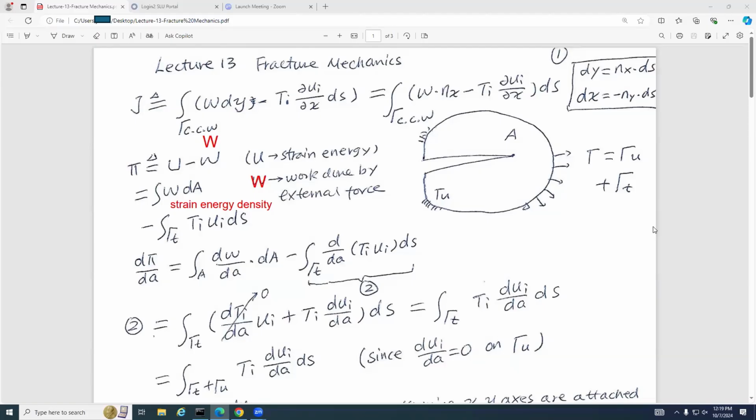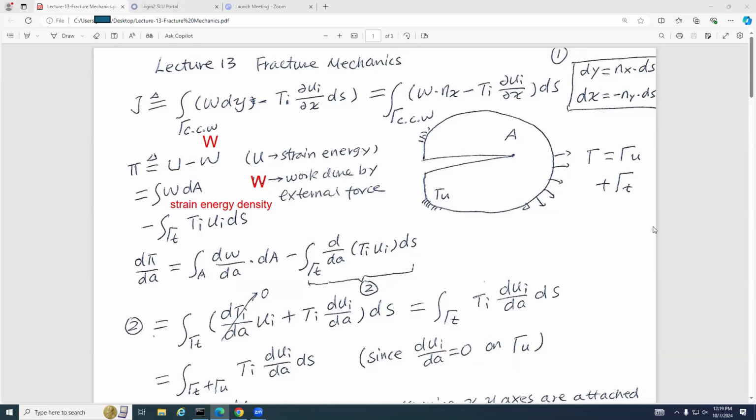This is the counterclockwise contour. I'm giving you this schematic. There is a gamma u, guys. I'm sorry, this is gamma, okay? Gamma u is an essential boundary condition. Have you guys ever heard of essential boundary condition?